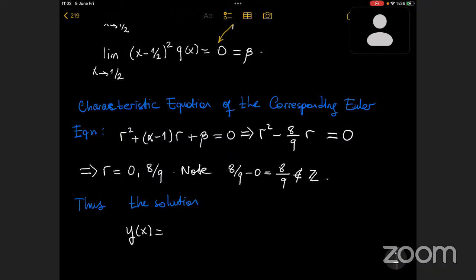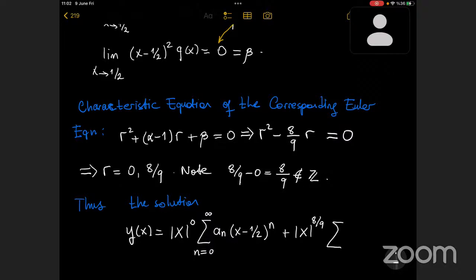x is x to the R1. R1 is 0. Okay, so this is one root times a_n, hangi noktanın etrafında, 1 bölü 2, (x minus 1 over 2) to the n, n is from 0 to infinity, plus x to the 8 over 9, the absolute value of x, right, times b_n (x minus 1 over 2) to the n, n is from 0 to infinity.